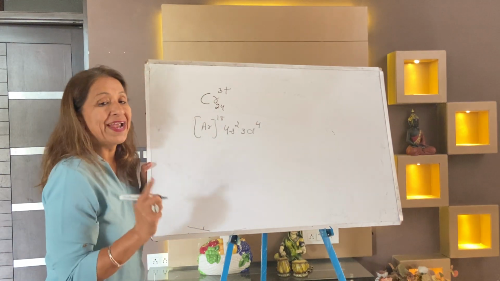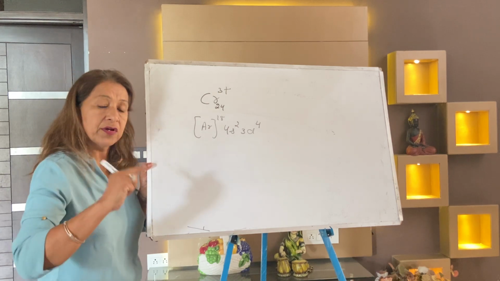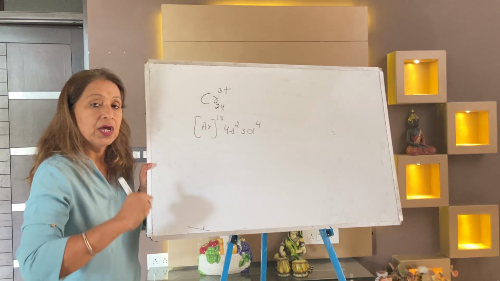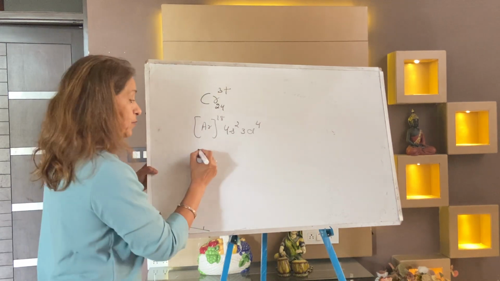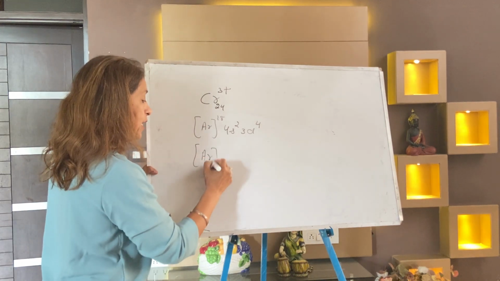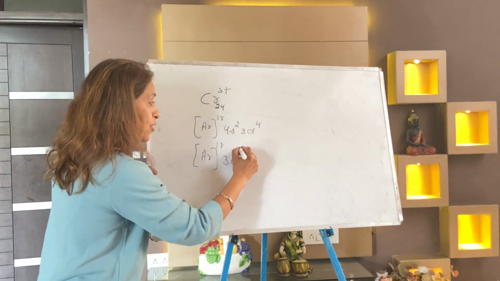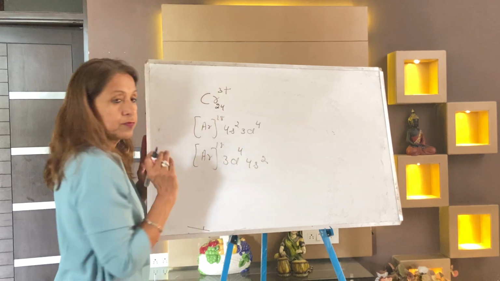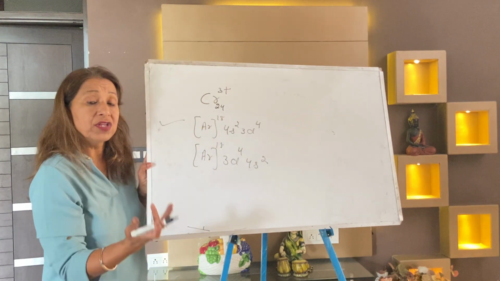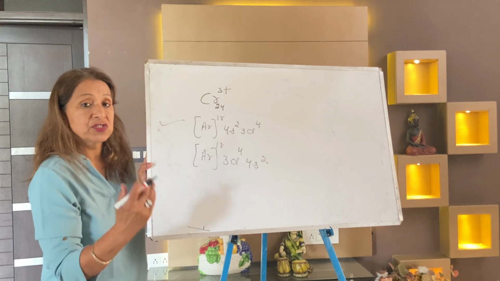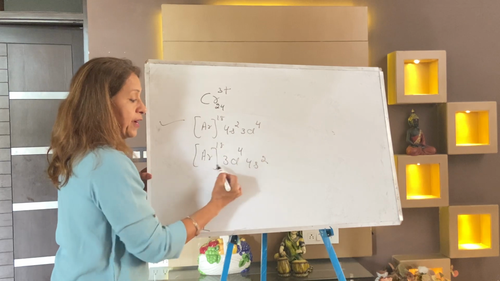First write the atomic configuration. This is the first step. After that, make the ascending order: argon 18, 3d4, 4s2. Electrons are always taken out from the outer shell, so this is the best way.